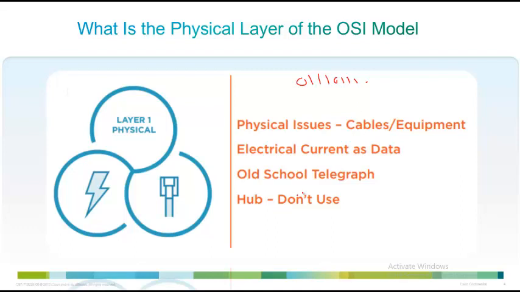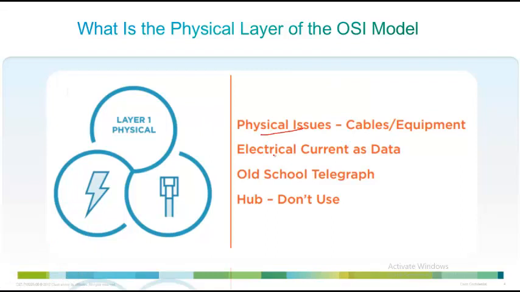It's the same as the telegraph. In olden days, we used to send a telegraph. Same like this. Anyway, in OSI, layer 1 means the physical layer, which is responsible for physical connectivity.